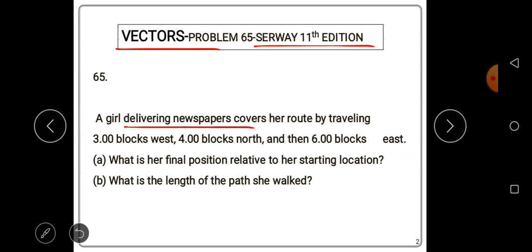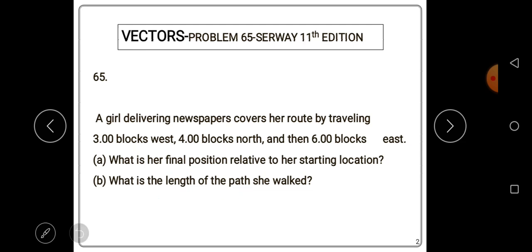A, what is her final position relative to her starting location? B, what is the length of the path she walked?